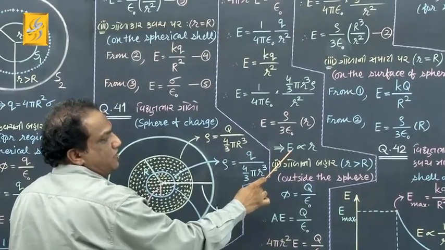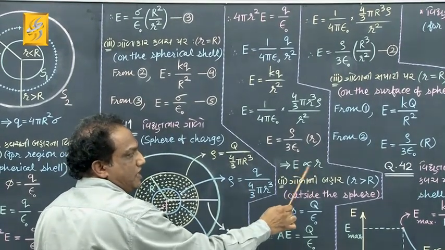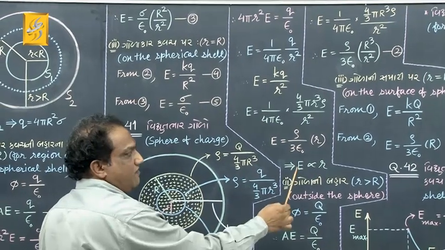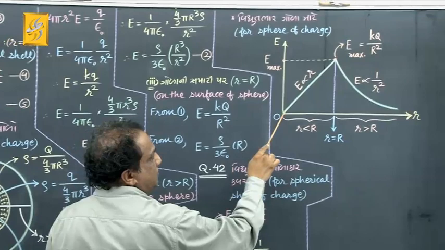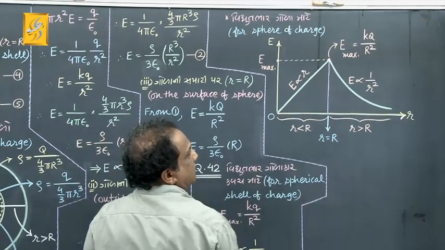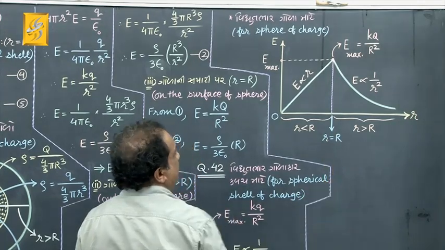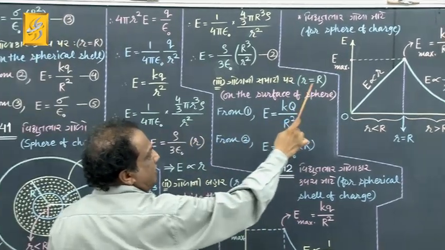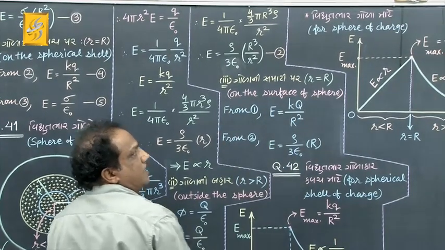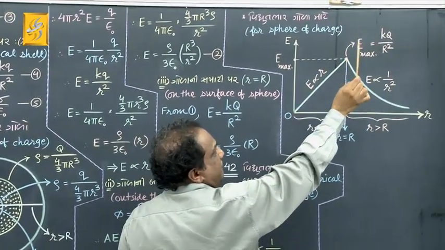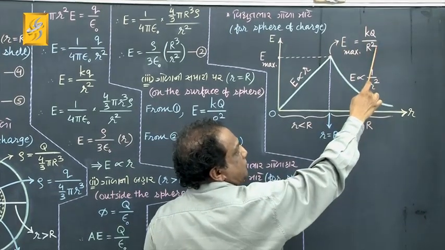At that time we had proved E is proportional to r, meaning there is a direct proportionality relation, and in that case graph of E versus r would be a straight line, and the same straight line I have shown here, correct, up to r equal to capital R. And when you take r equal to capital R, at that time this is the electric field which is maximum, and that is the point on the peak where electric field is maximum, equal to k into capital Q upon capital R square.